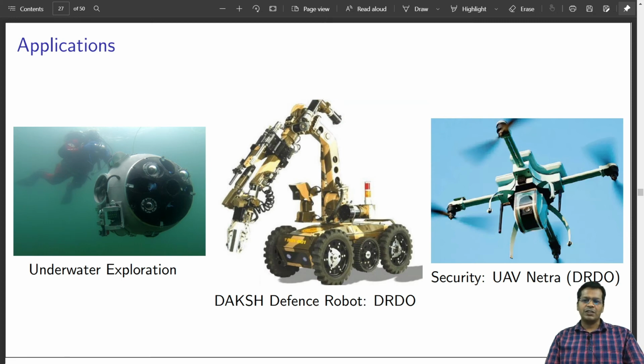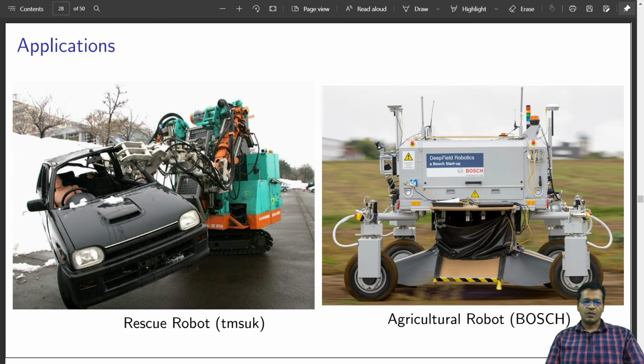It's a security surveillance robot which looks at different borders or areas. It may give you a feed of the probable path where the army can go. The robot shown here is a Tamsuk robot, an industrial robot which has 2 arms, shown here rescuing a car with a person inside.